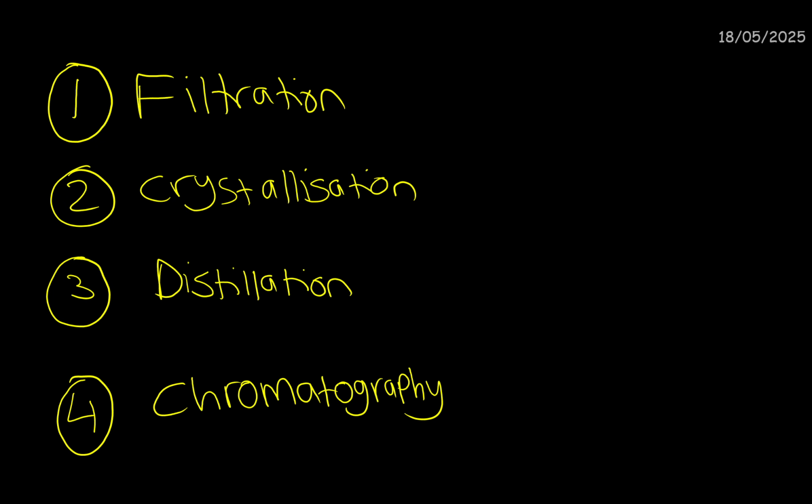Now we need to know what we separate with each of these. It's pretty straightforward. So distillation, Anaya, what is it separating by? Boiling point, yes. So it's the separation by boiling point. Chromatography is the separation of inks and pigments. And then we'll talk about filtration and crystallization.